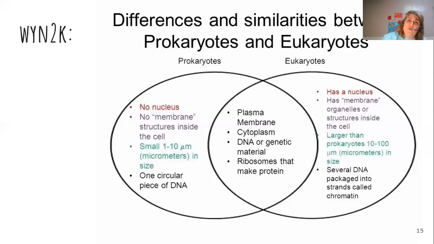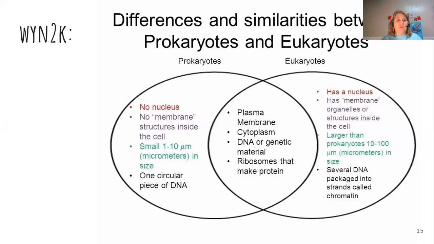I'll start by showing you this really cool graphic. I love Venn diagrams. They're one of my favorites. It shows the major differences in organisms. We have prokaryotes and we have eukaryotes. Prokaryotes are made of prokaryotic cells, and they have some things in common. Number one, prokaryotic cells don't have a nucleus.